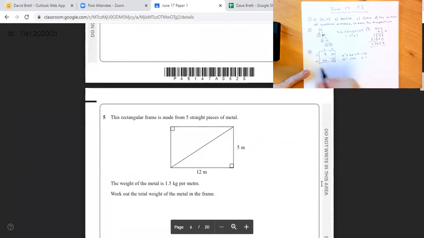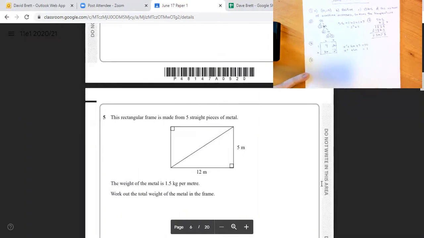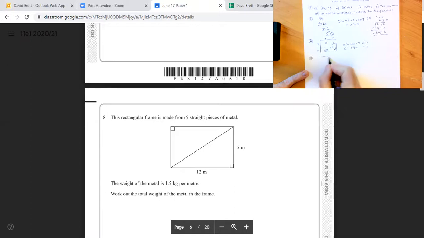Question 5 is a rectangle. That's 5, that's 12, that's 5, that's 12. So the diagonal, using Pythagoras' theorem, comes out to be 13, or you should recognize a 5, 12, 13 triangle anyway. The weight of the metal is 1.5 kilograms per meter.